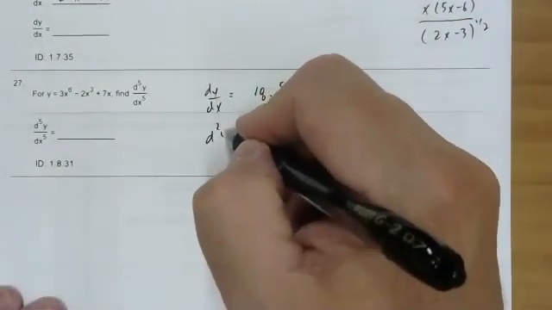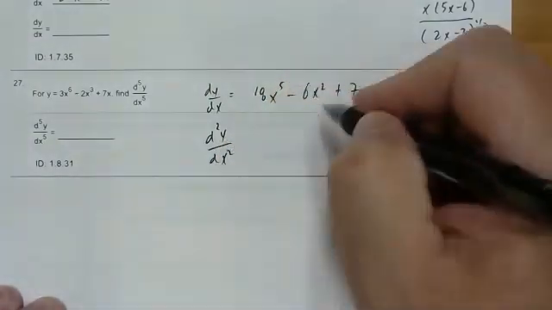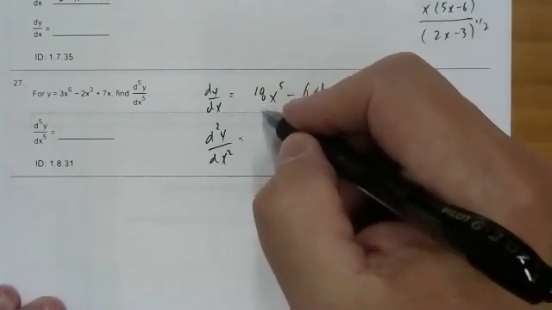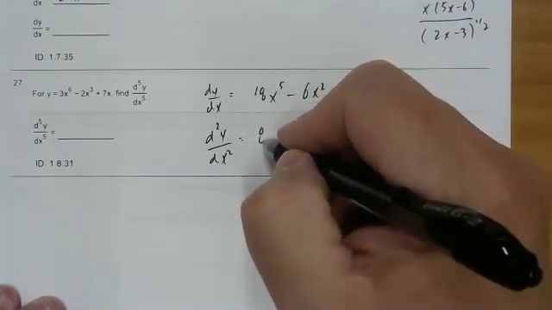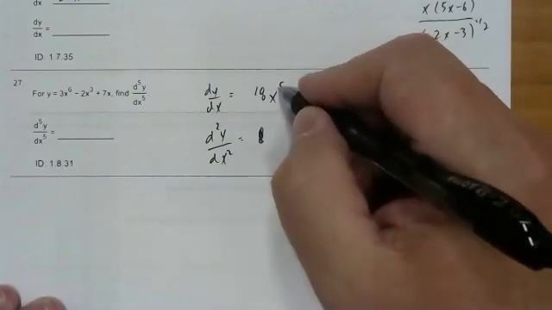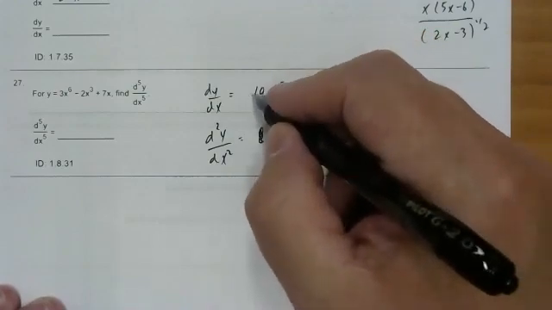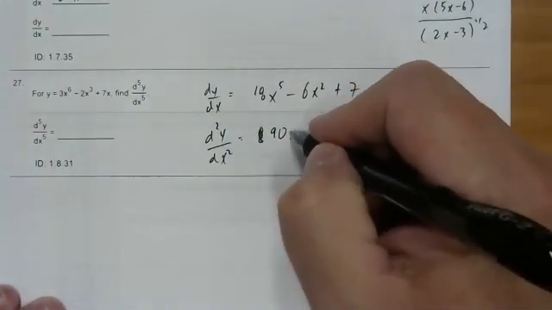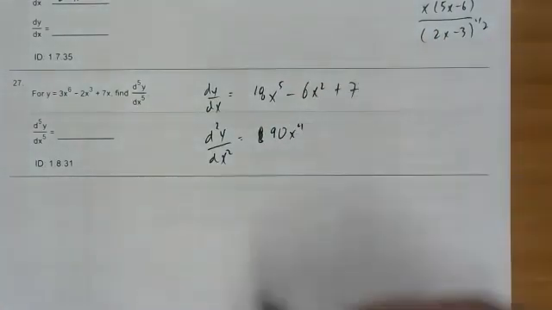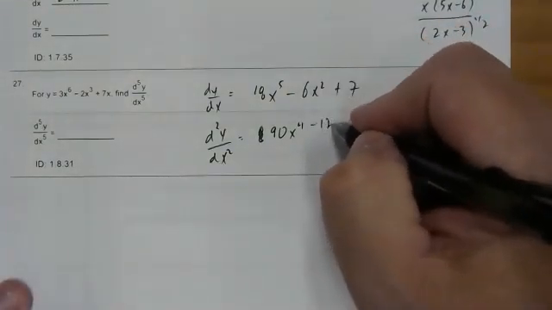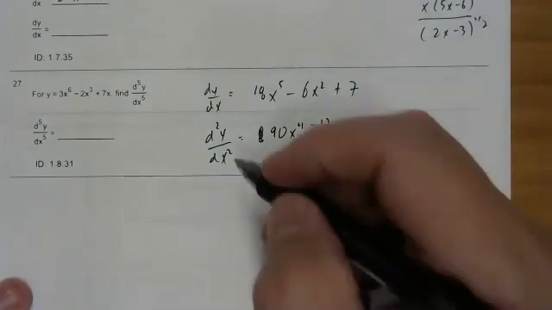Now, second derivative means you take the first derivative and just take the derivative again. 90, and the x to the 4th minus 12x, that's 0.